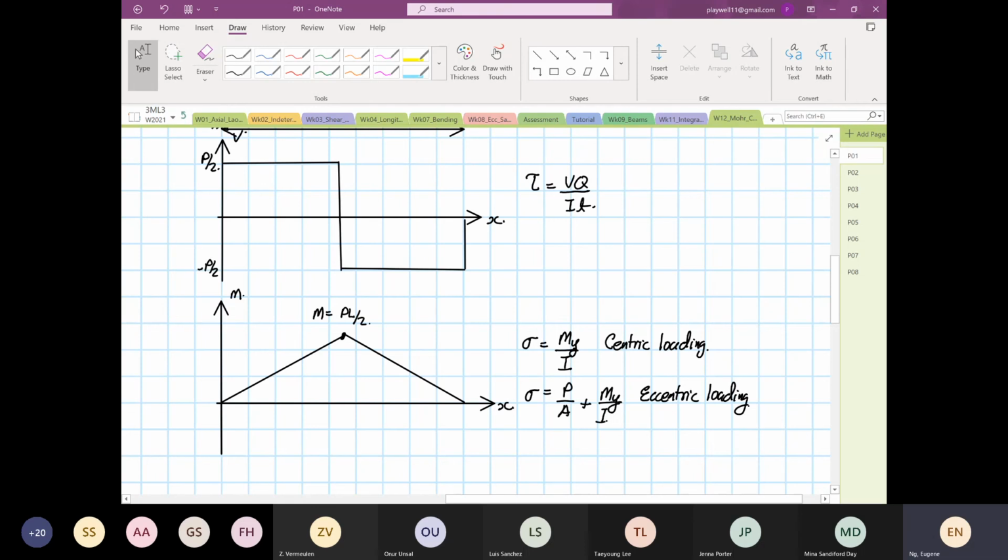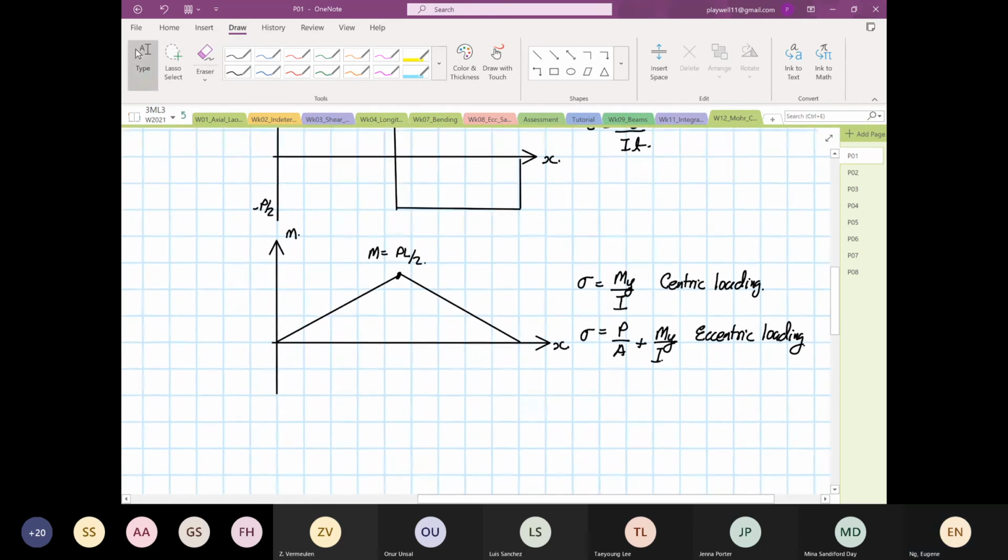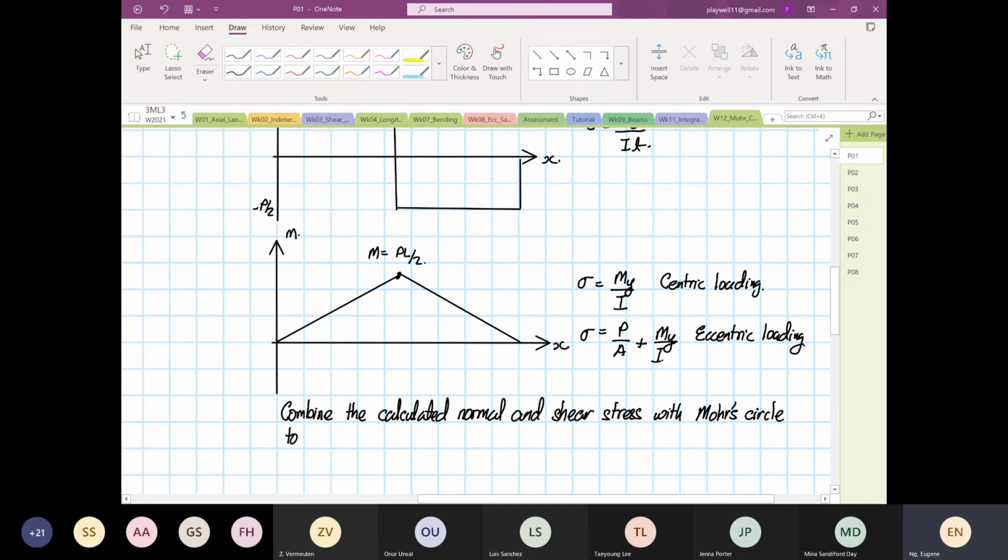Okay, so we combine the calculated normal stress and shear stress with Mohr circle to determine, like what I mentioned earlier, the principal stress.